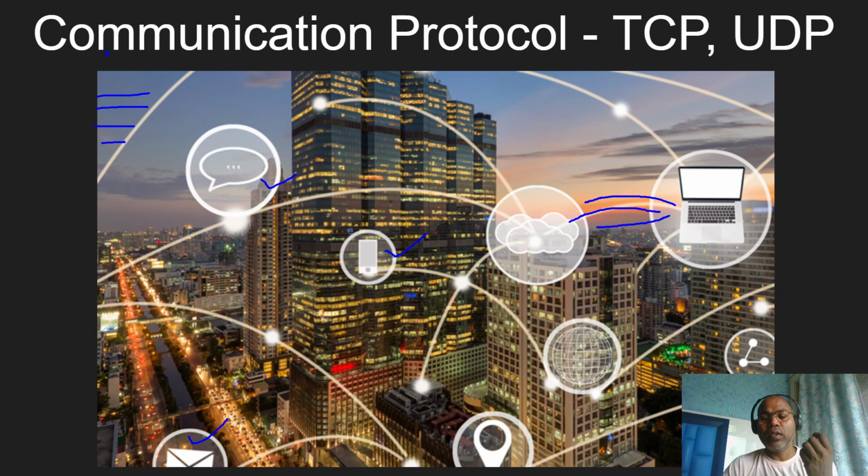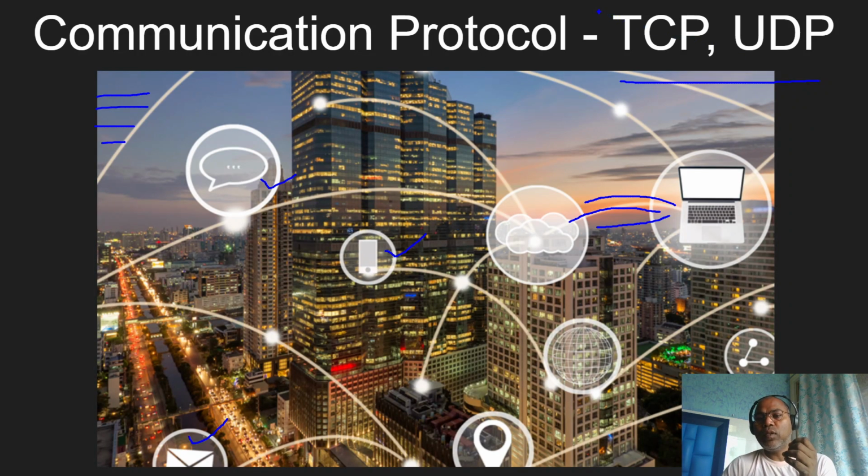For that, there are lots of communication protocols. Protocols means the rules or regulations through which one device communicates with another device. So today we are going to talk about very commonly used protocols. Almost these protocols are heavily used in communication between electronic devices.